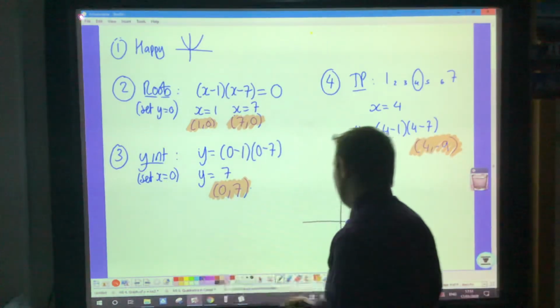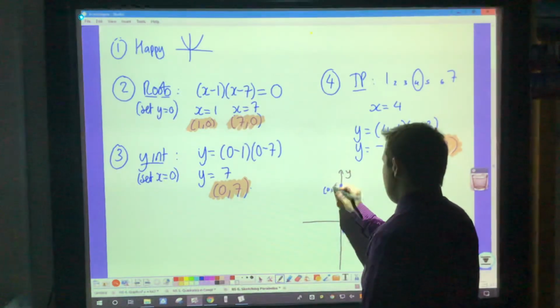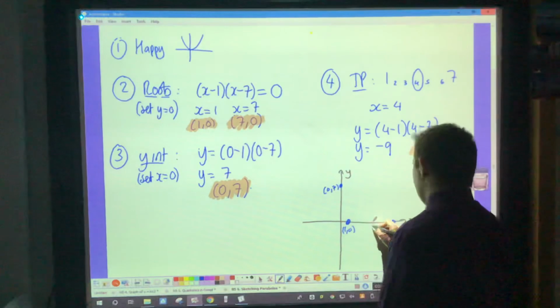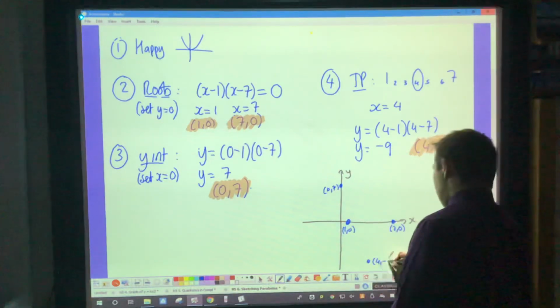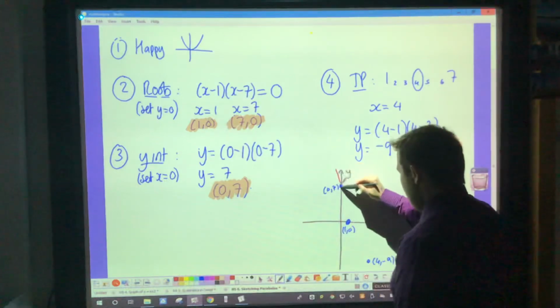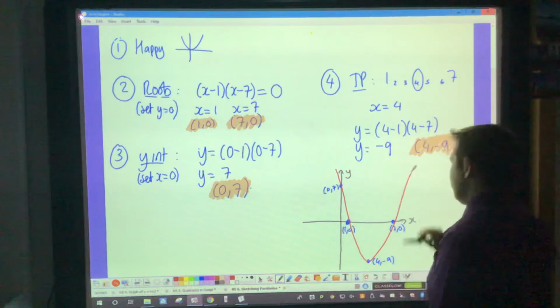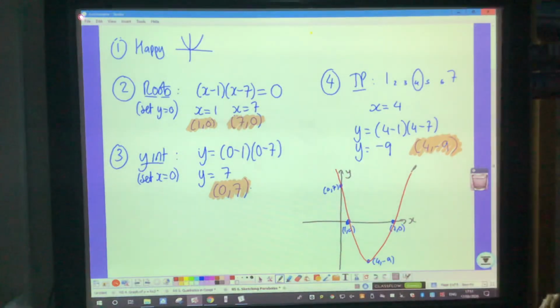I have got 0, 7. And I've got 4, negative 9. And hopefully you can see the parabola shape forming. I'm going to just join the dots with a curve. And you know what? That's not a bad quadratic graph. And that's it done.